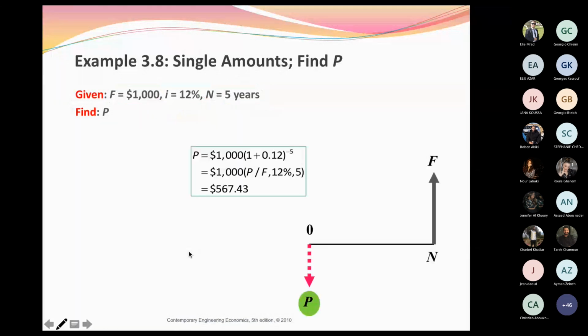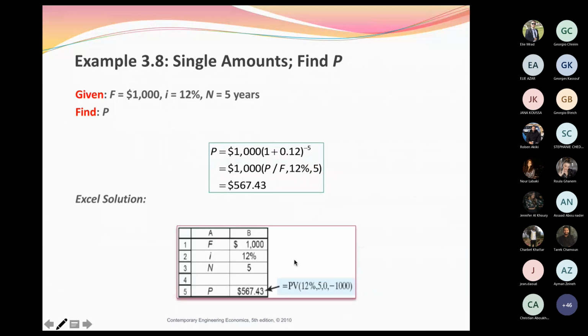Very easy, but I want you to use factor notation. We are looking for P knowing F at 12%, 5 years. So P knowing F, I'm discounting F at 12%, 5 times.